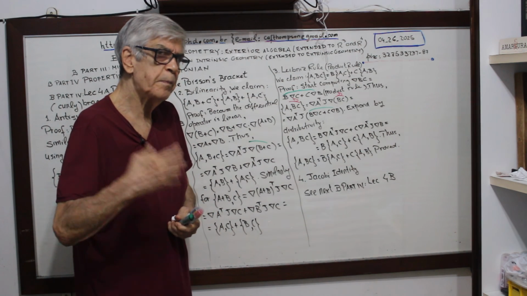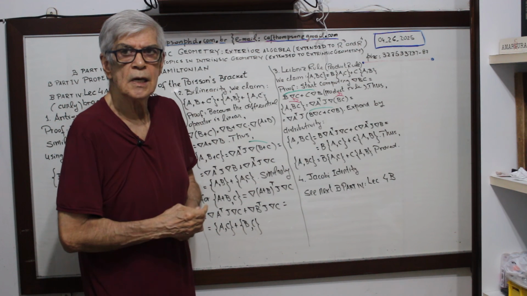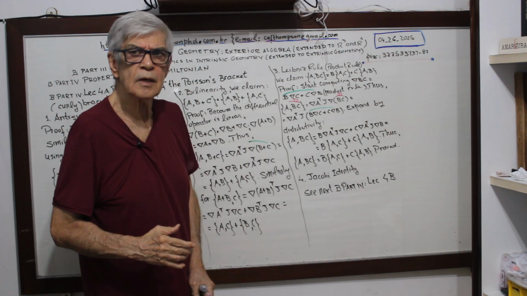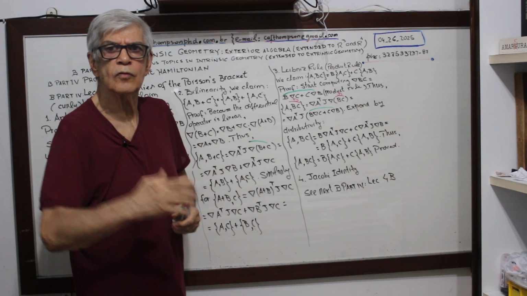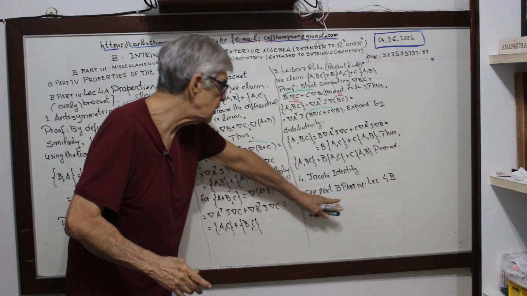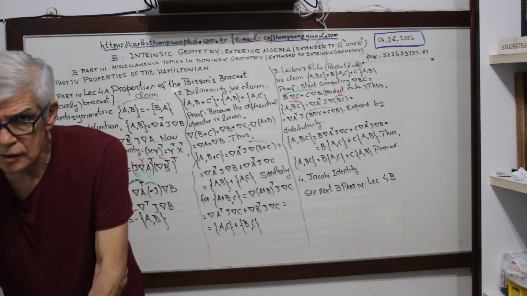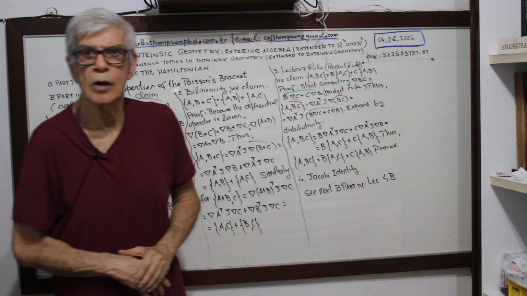One of the properties of the Lie bracket is the Jacobi identity. It is an identical way to prove it, but I will do this in the next lecture, 4B, which is still in part 4.